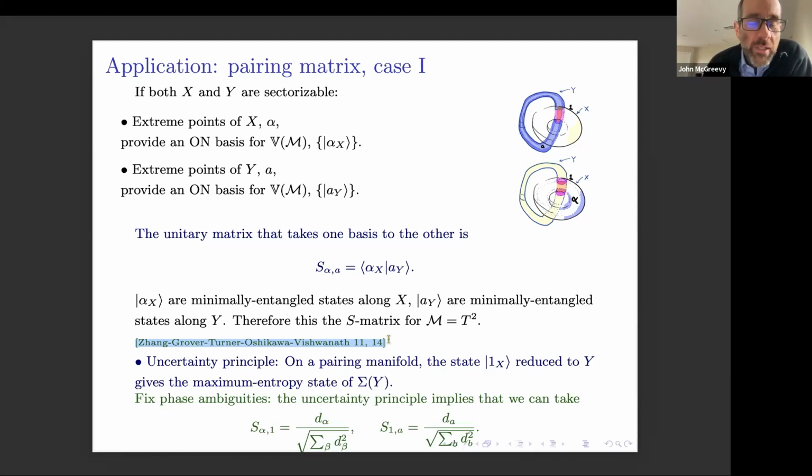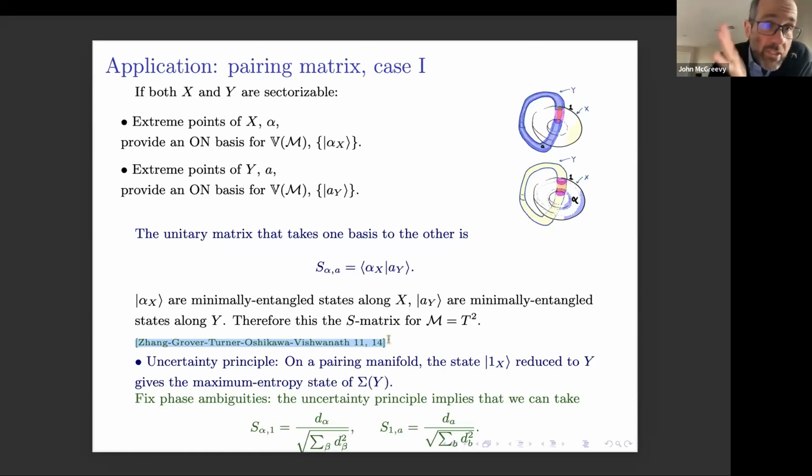Well, one way to choose a basis for them is, and this is actually a practical thing, because if you're constructing those states by DMRG, it automatically finds the states which have minimal entanglement in the direction in which you're decomposing the system.